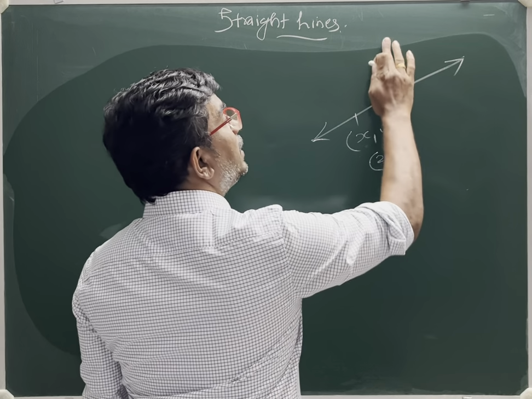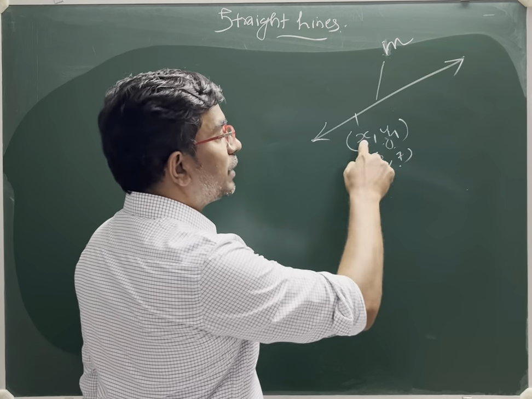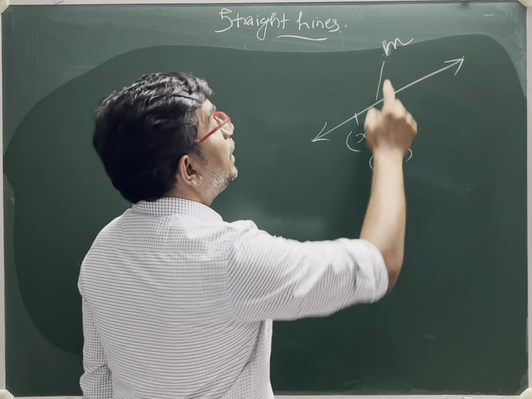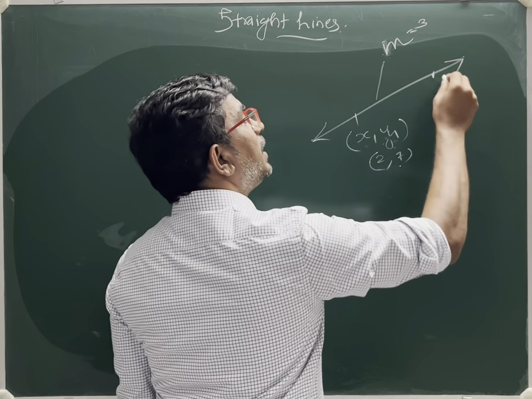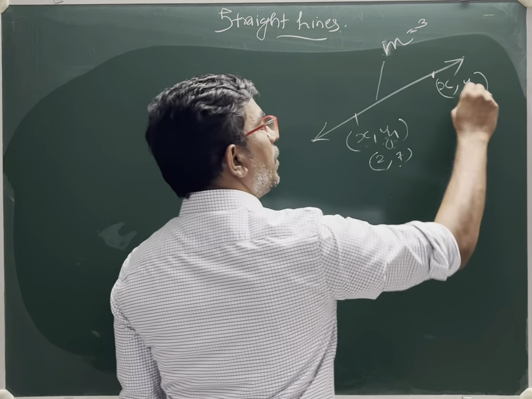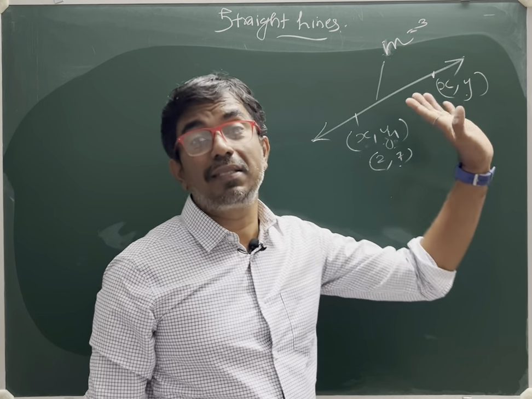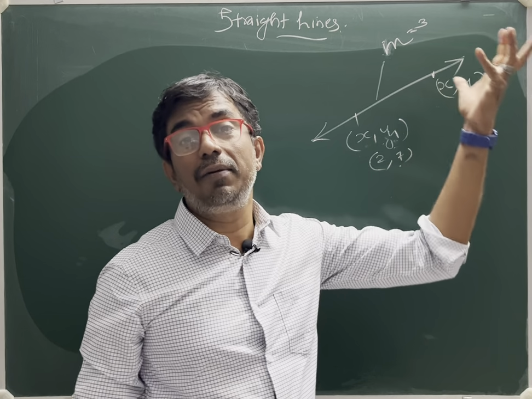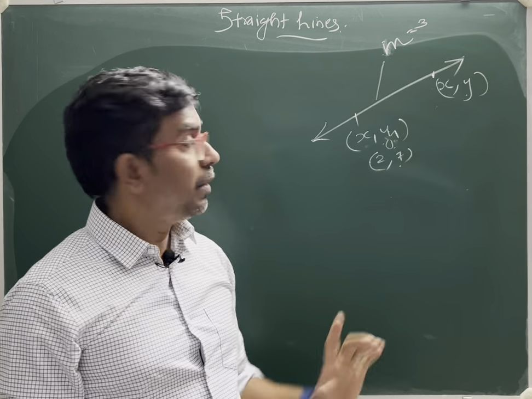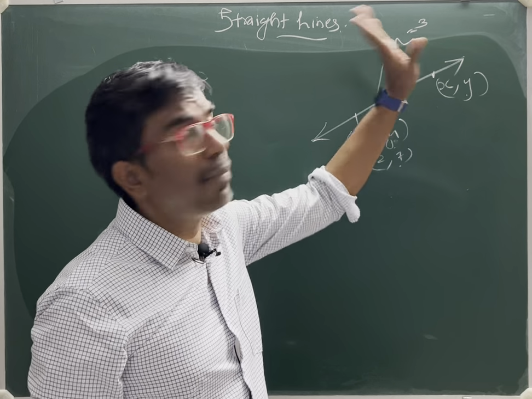In general I will call the slope m; m may be 3 or 4, whatever it is. So x1, y1 is a given point, and m is also given. And I can choose a general point x comma y. In all the equations you should understand x comma y is a general point. General point means it is not going to immediately receive any value; it will stay as it is. But x1 and y1 will take values like 2 and 7, and m as 3.